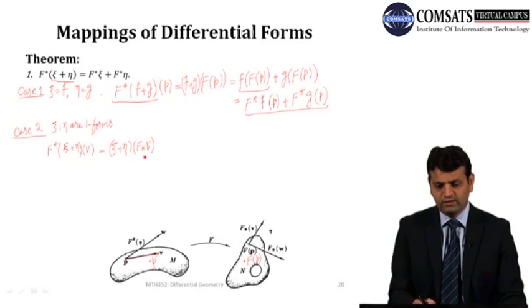Now F lower star of v is basically the image of this vector v under the tangent map, and it is a vector on the surface N.